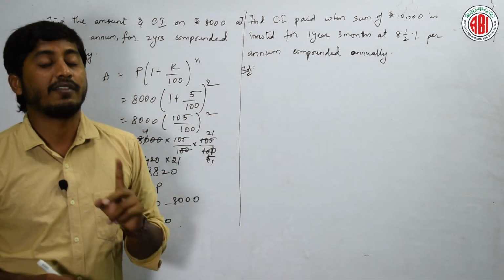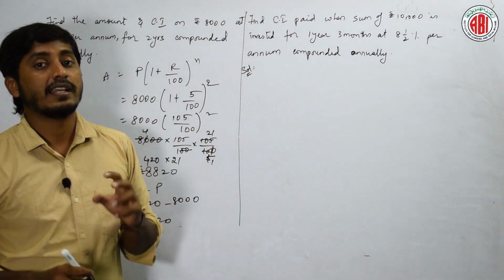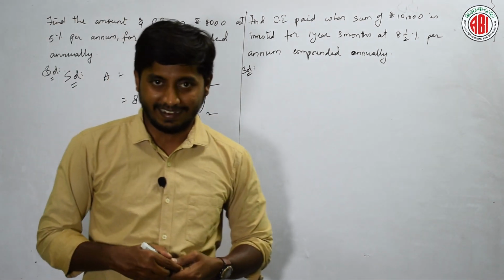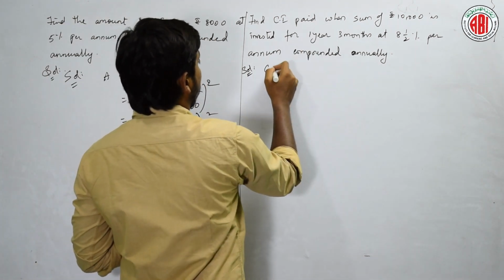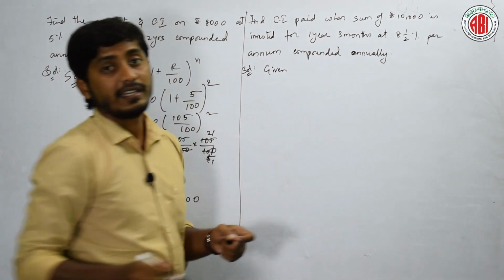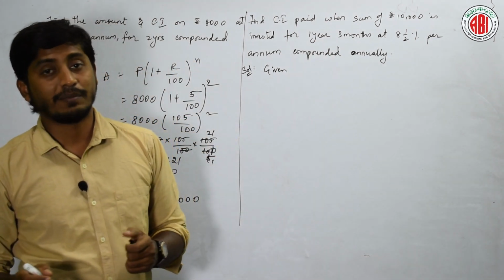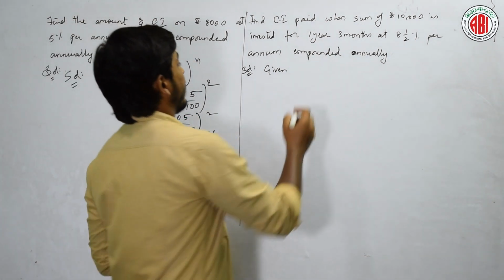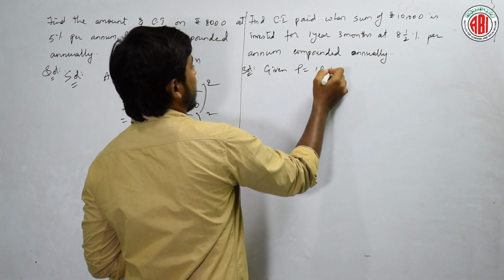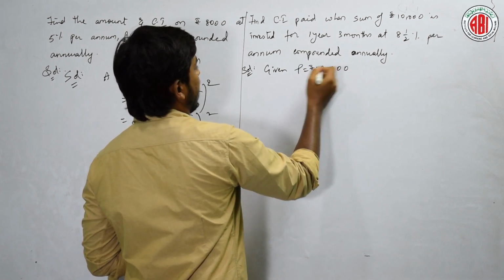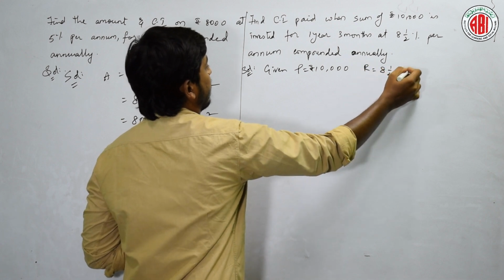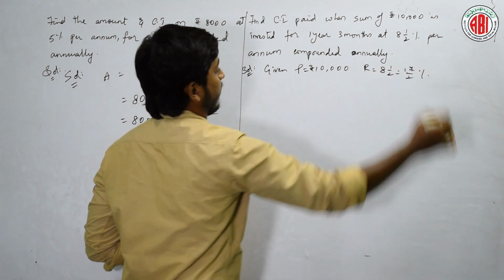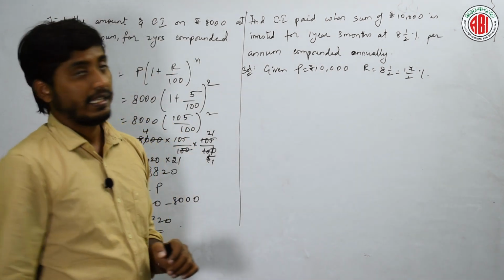For the first year, what is the formula we use for interest? That is PTR by 100. Is it right? Now see here, what is given? Total sum, that is nothing but the principal amount, 10,000 is given. Rate 8.5, that is nothing but 17/2%. Is it right? Yes or no?